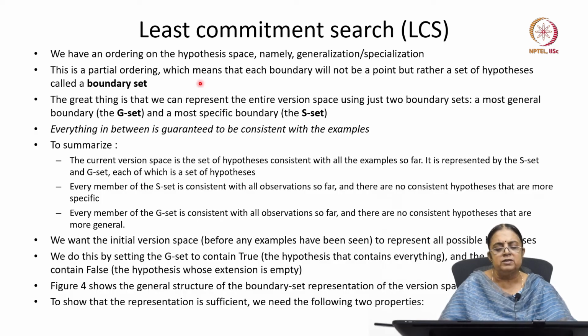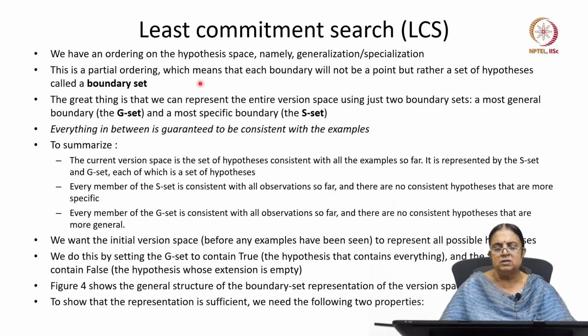So how do we start doing this? We need to set up the G set and the S set to start, and then see every example. You set up the G set to contain true, which means it contains everything, and the S set to contain false, which means it doesn't contain anything as of now.